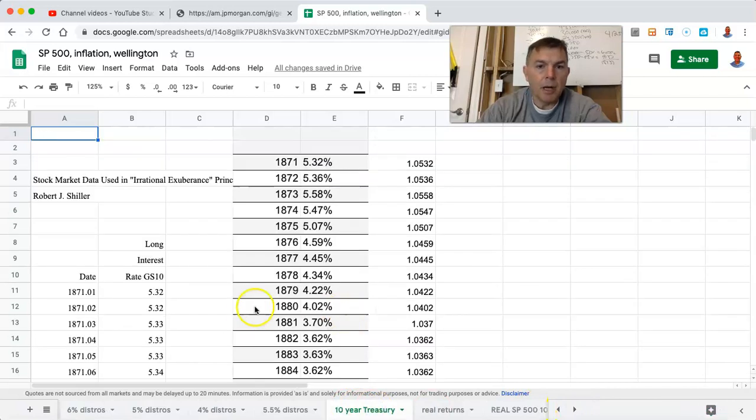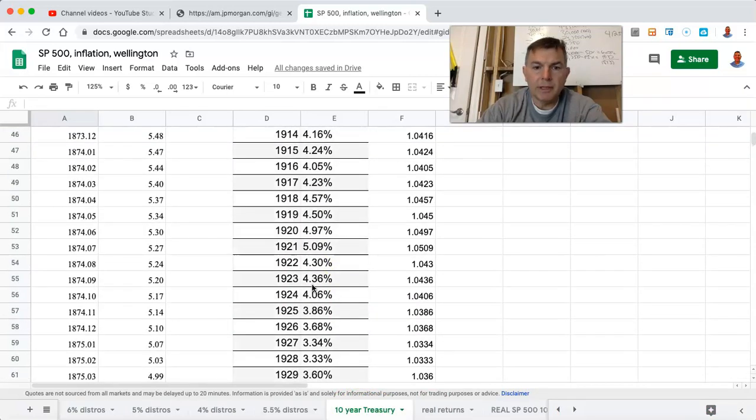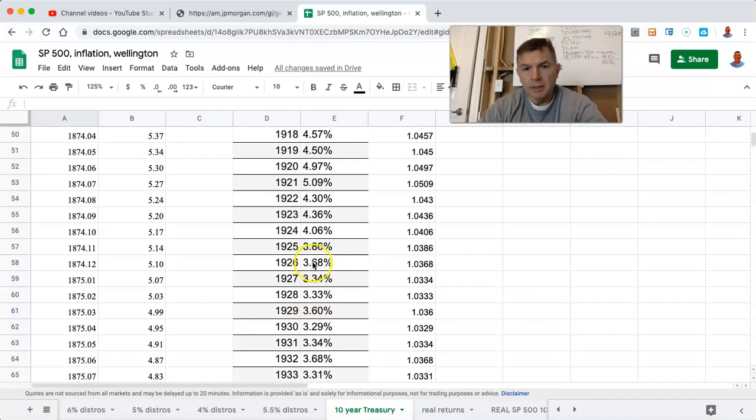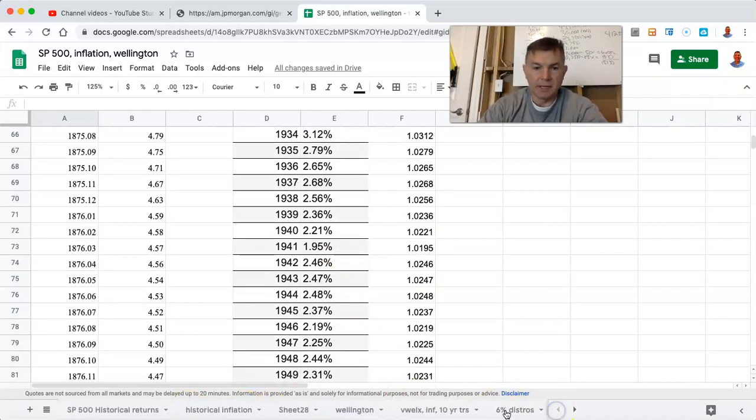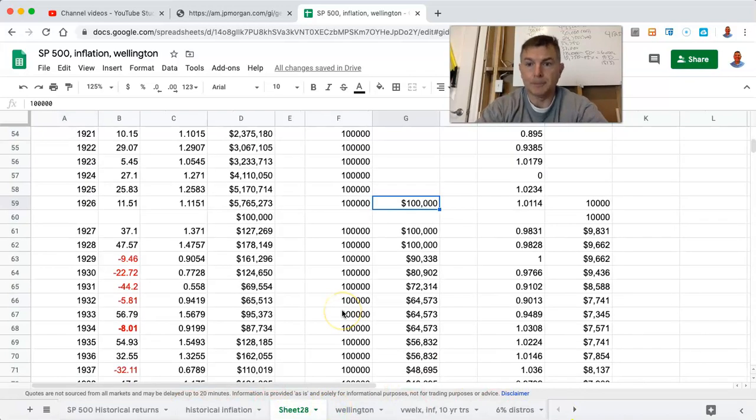So 10-year bonds were doing from 1926, yeah, 3.6, 3.25, 3.3. Yeah, 2 to 3. So nothing fancy, but we're not even doing that. We're saying we're getting no interest rate at all.